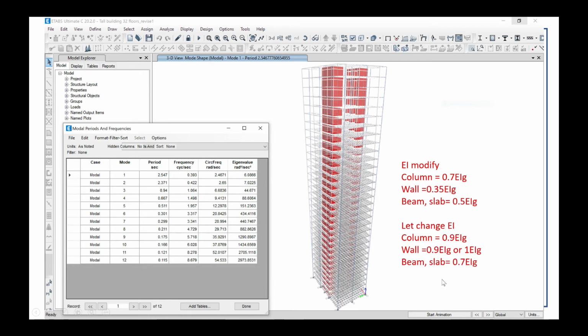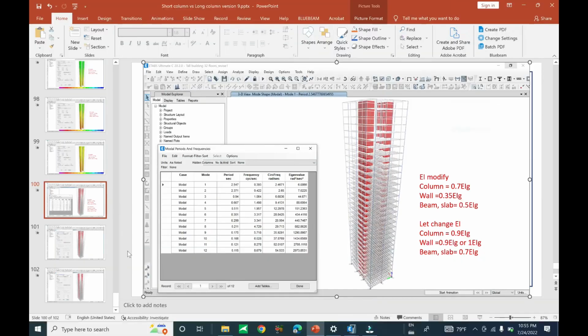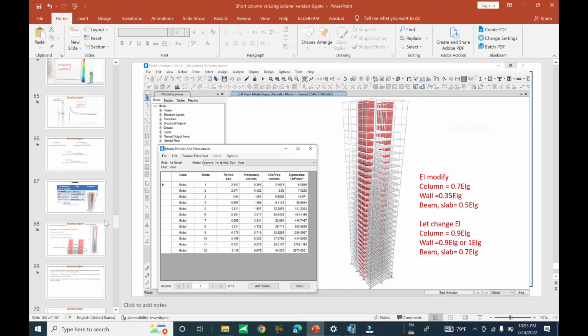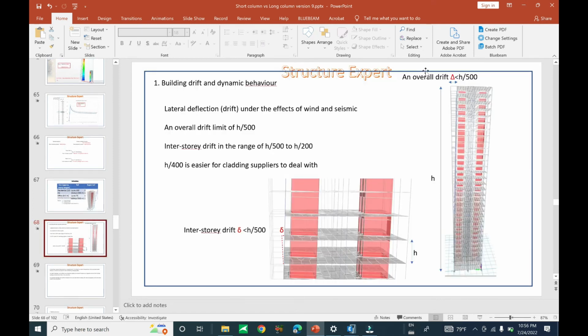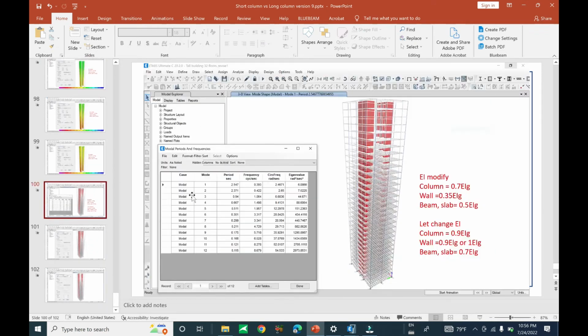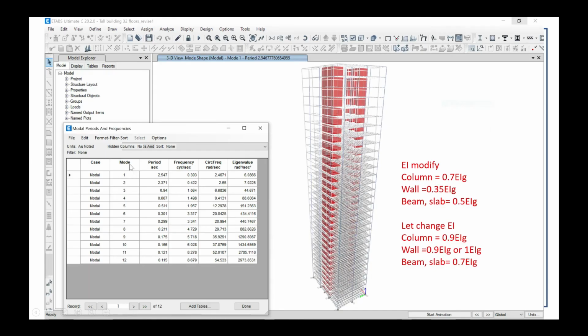After that, you run it again and recheck the flexural stiffness or the overall stress. Okay, overall stress, and in the interstory drift you have to check it again, and after that you have to verify the natural frequency.